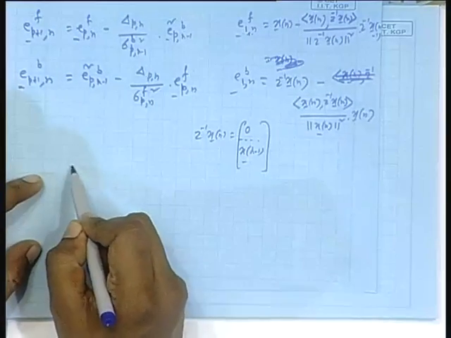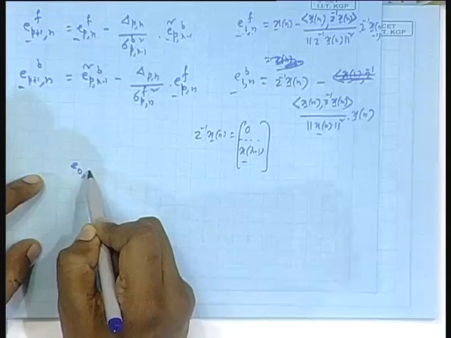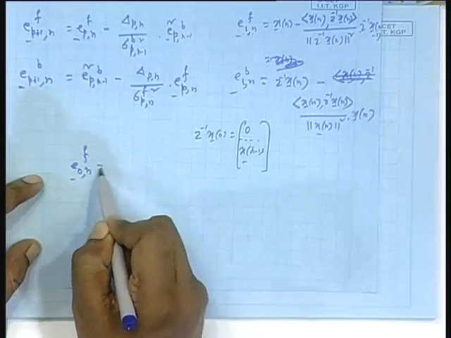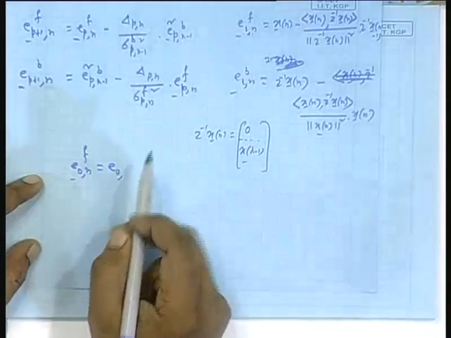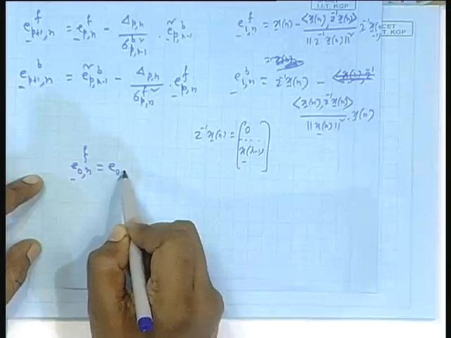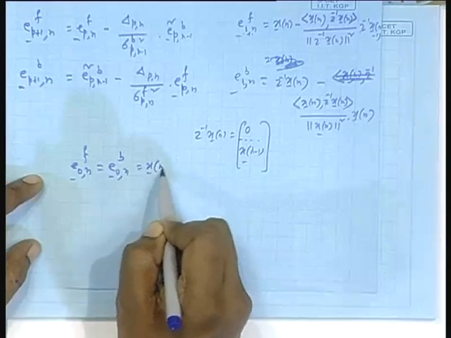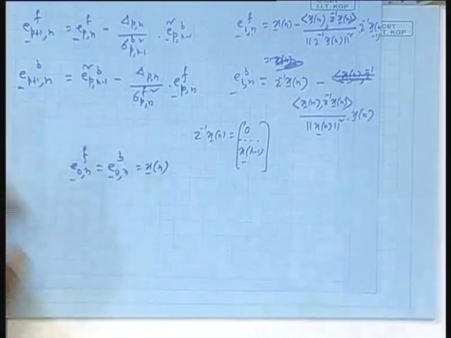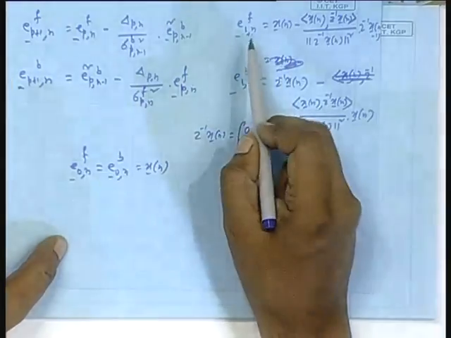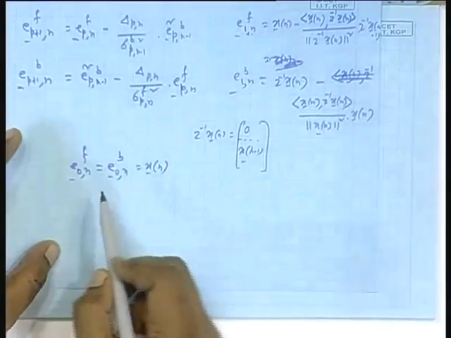Now, you see, if I make this substitution, if I say that E 0 n f equal to x n, if I make this assumption, then you see things will be correct. Suppose I say this. So, that means E 1 f n, and what is then Z inverse x n?